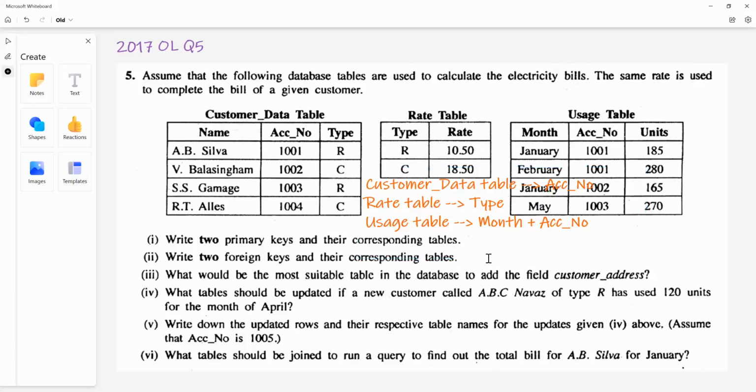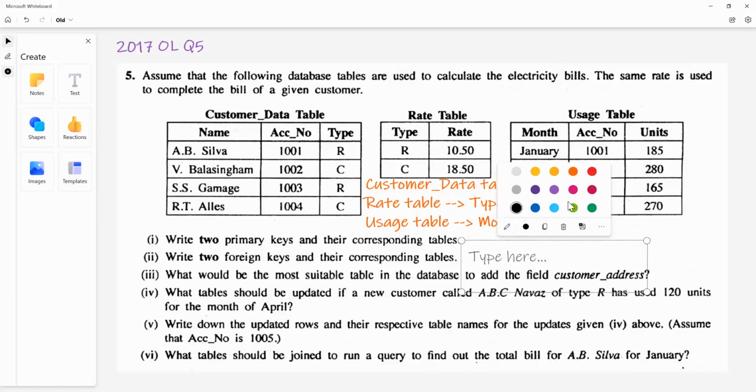The answer for the second one, we can say customer data table.